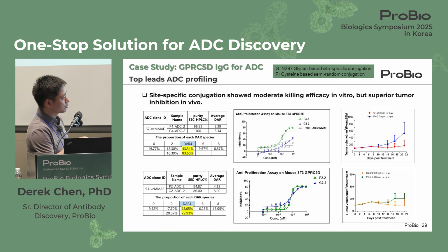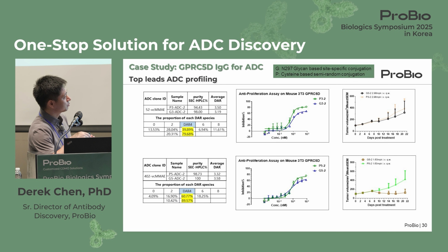But when we switch to the tumor models, the in vivo studies, again, we see a similar pattern like the first candidate. The site-specific conjugated samples, the brown one, show much better tumor growth inhibition compared to the cysteine-based conjugated samples.